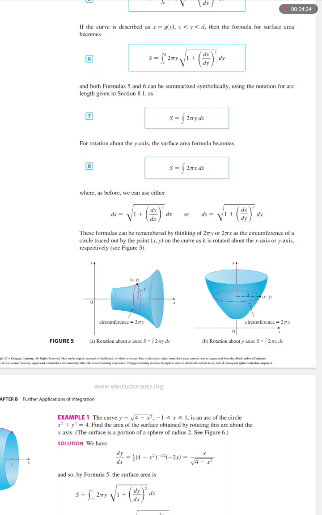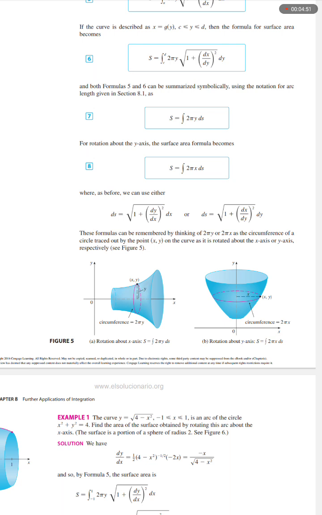These formulas can be remembered by thinking of 2 pi y or 2 pi x as the circumference of a circle traced out by the point open x and y close on the curve as it is rotated about the x-axis or y-axis respectively.